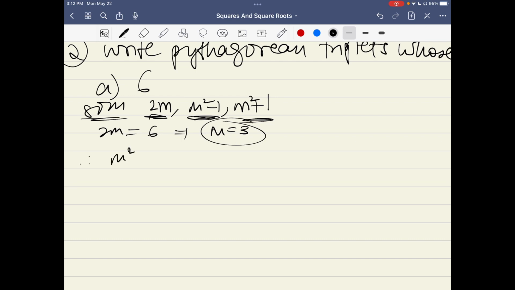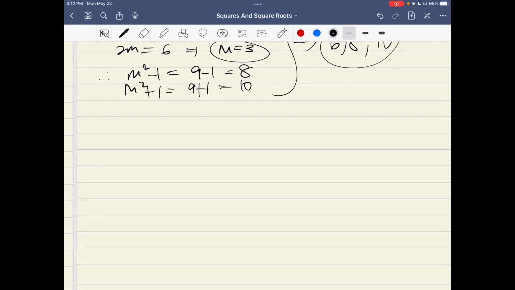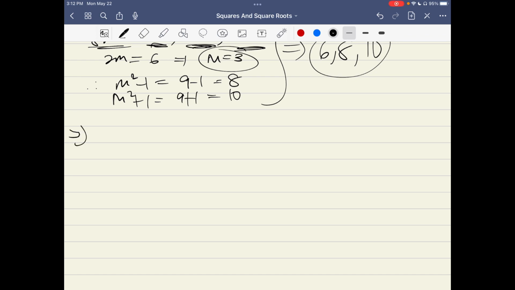Therefore, what will be m squared minus 1? m squared minus 1 would be 9 minus 1, which is 8, and m squared plus 1 will be 9 plus 1, which is 10. Therefore, the Pythagorean triplets in this case will be 6, 8, and 10, right? And now part B is to find the Pythagorean triplets whose one number is at least 16, right?